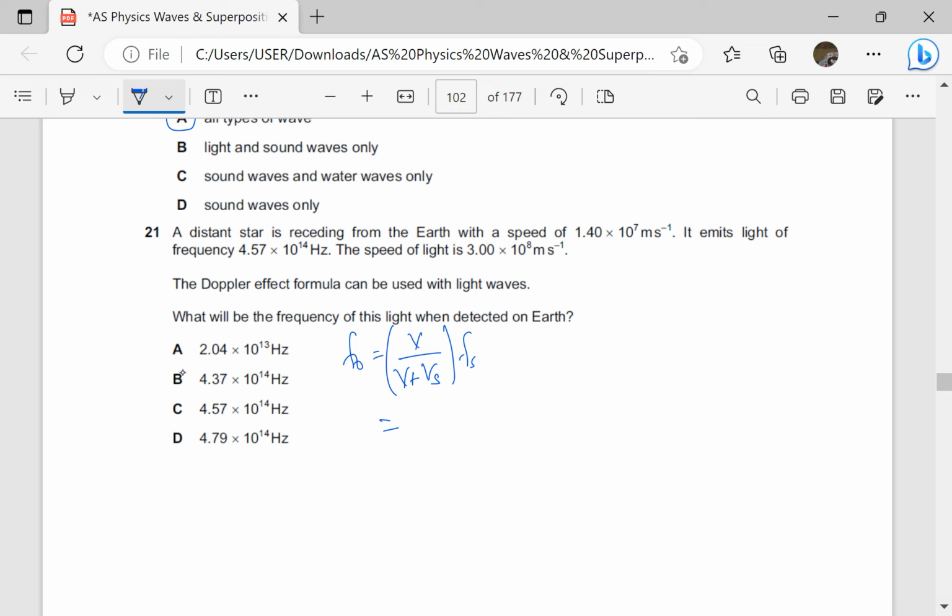So the observed frequency is going to be the speed of light, which is 3 times 10 power 8 divided by 3 times 10 power 8 plus the speed of the source, which is the star. It is moving at 1.4 times 10 power 7. Then we multiply this by the normal frequency, which is 4.57 times 10 power 14.